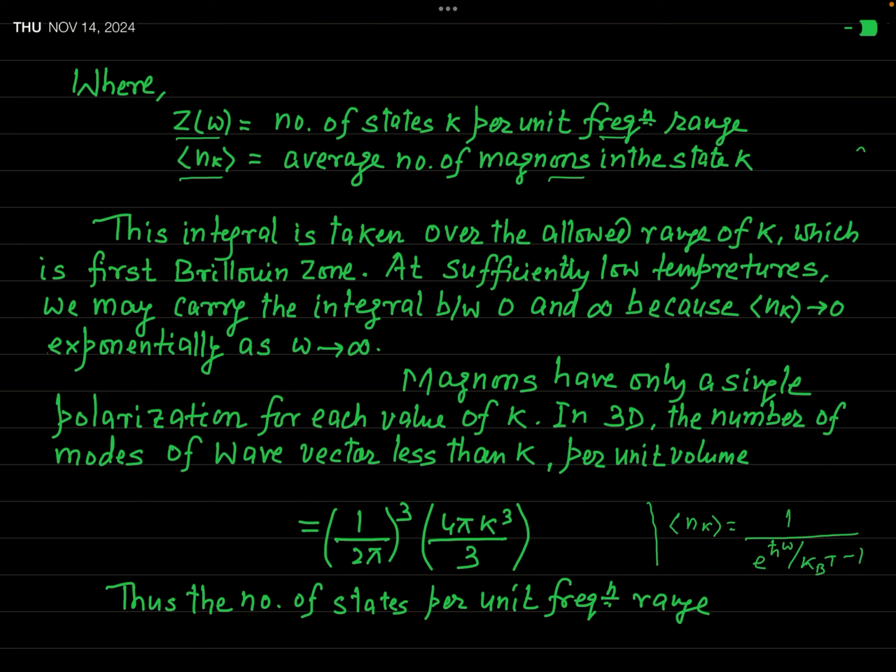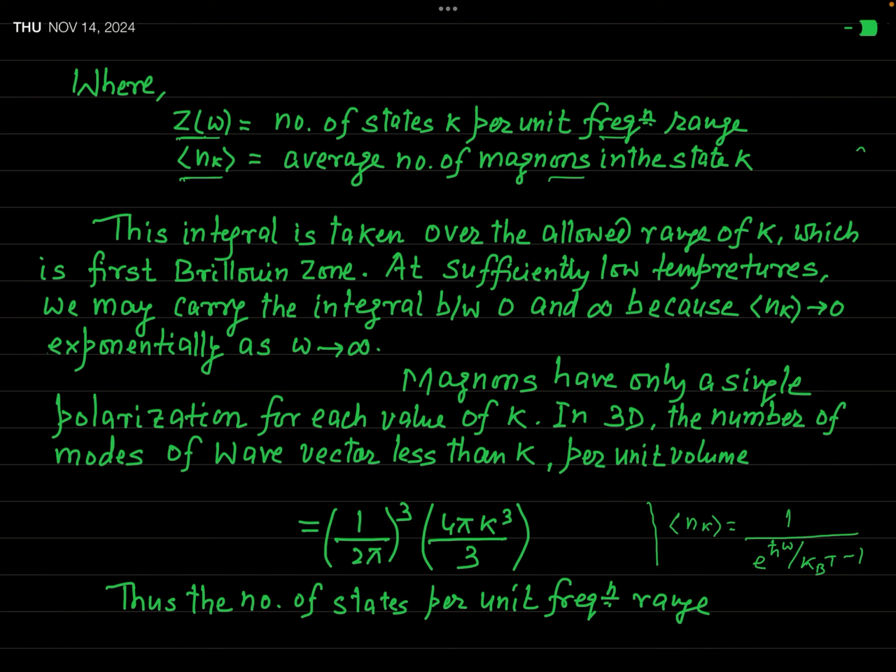So let us see, if you want to find the total number of magnons in unit frequency range, what will be that number? That will be simply D(omega) times the average n_k, because D(omega) is the number of states in unit frequency range and n_k is the average number of magnons in the state k.